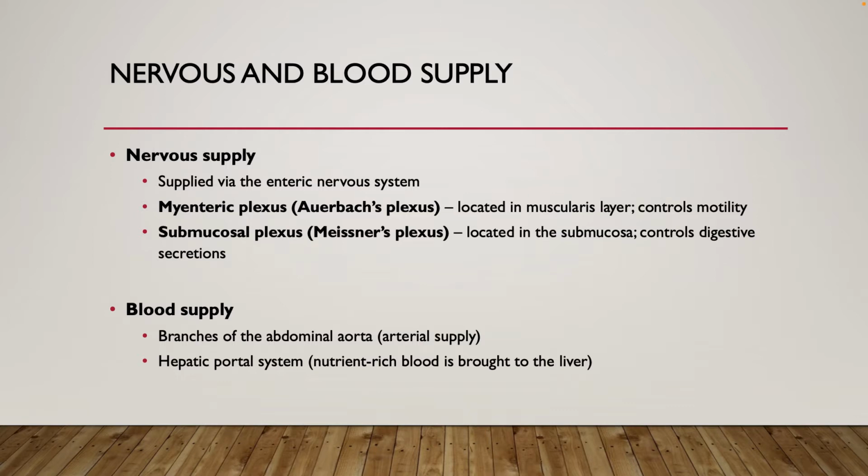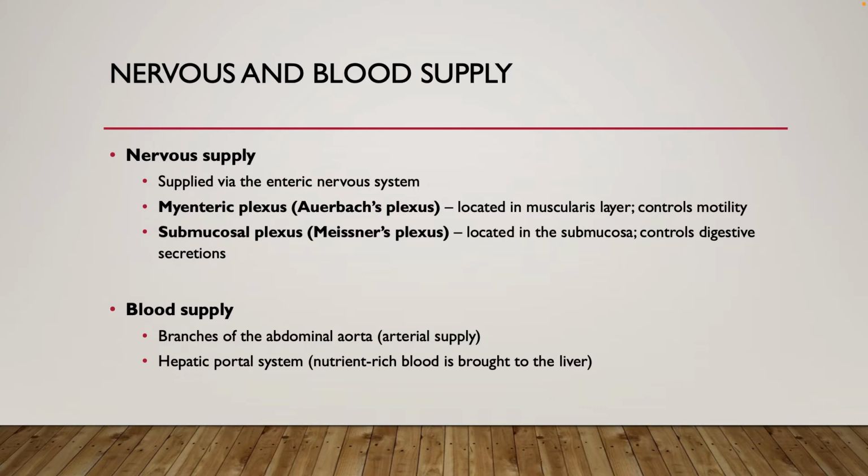The order that I discussed them, celiac trunk, superior mesenteric, and inferior mesenteric, is in descending order off of the abdominal aorta, and each one of those branches will supply a division of our gut. So the celiac trunk will supply what we'll call the foregut, the superior mesenteric artery will supply the midgut, and the inferior mesenteric artery will supply the hindgut. Okay, so this is all arterial blood supply.